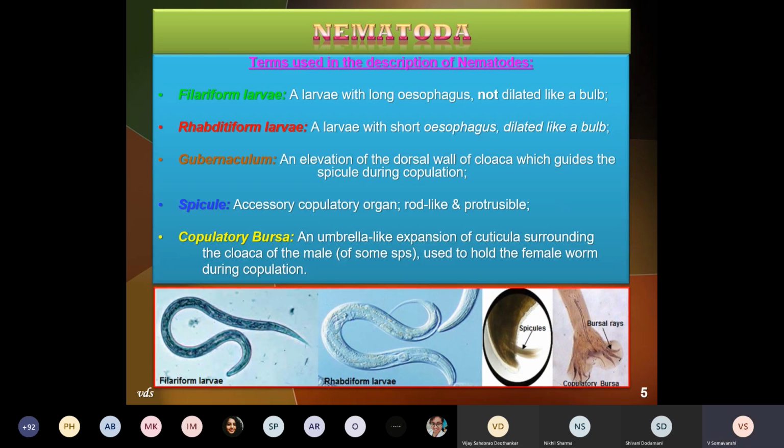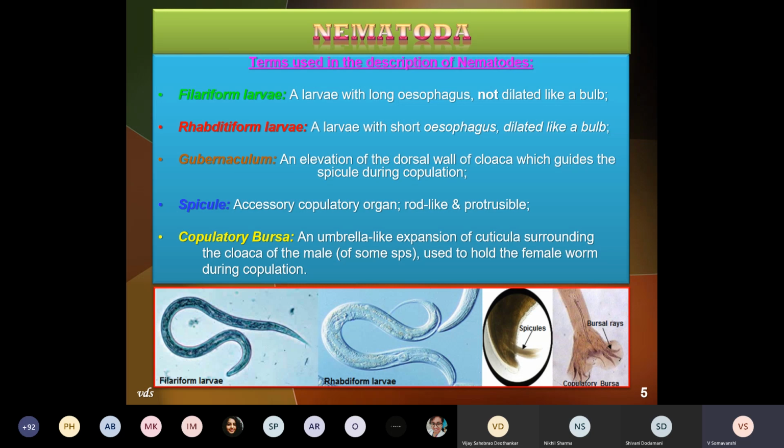The next is about the larvae. The first larval form is filariform larvae. Understand the word filariform larvae: it means a filamentous larvae. Now this larvae has a long esophagus.